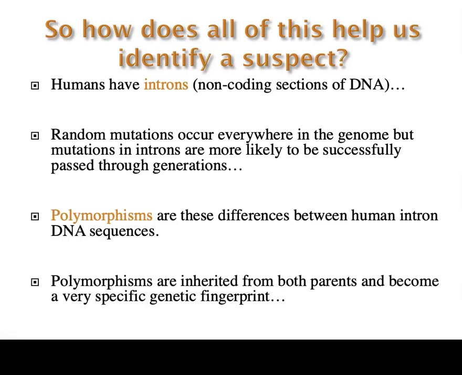So why would this be useful? Well, everybody's DNA is different. One reason is that we have different sections of these introns, and there are random mutations. So everybody is unique, like a fingerprint. It's referred to as polymorphisms.